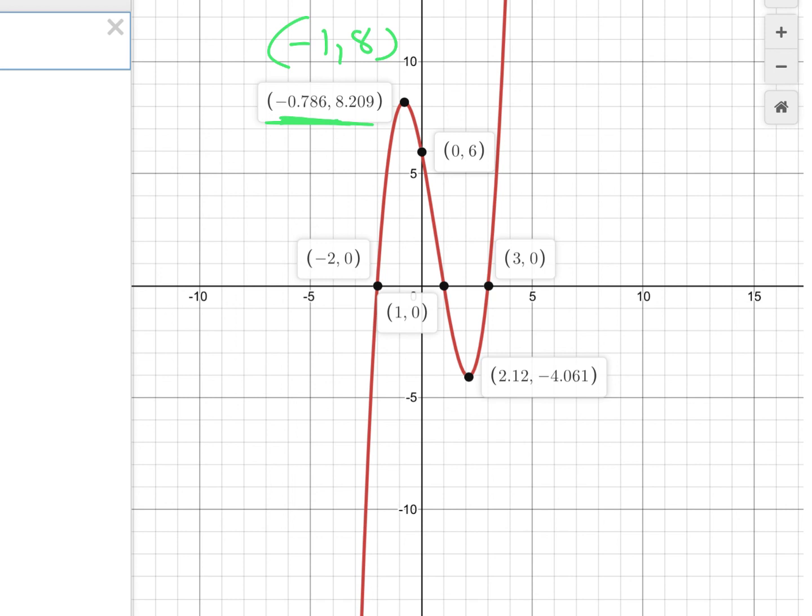I just need you to know that it's going to go way up above the y-intercept and then come back down. And notice here I plugged in 2 and I got -4. However, notice it went a little bit further. It went to 2.12. Again, you're just looking for another additional point in between the 2 zeros.